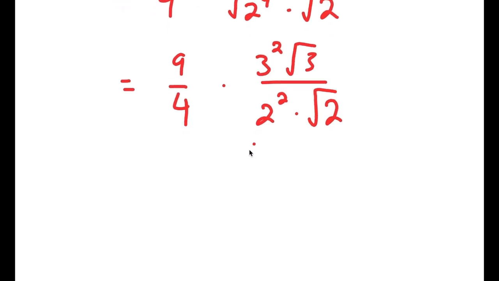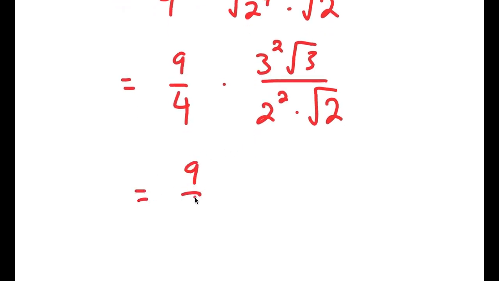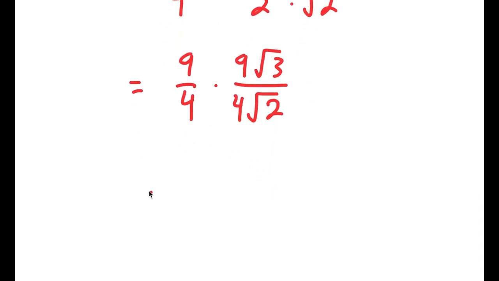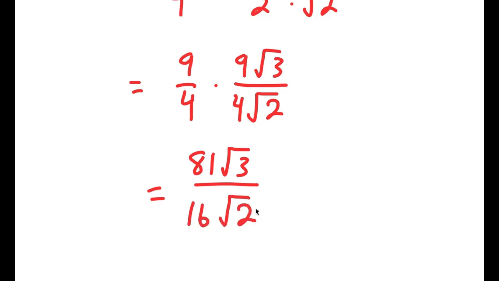Now 3 to the power of 2 is equal to 9, so I get 9 over 4 times 9 root 3 over 2 squared, that's equal to 4, so I get 4 root 2. Now 9 times 9 is 81, so I get 81 times the square root of 3 over 4 times 4 is 16, so 16 times the square root of 2.